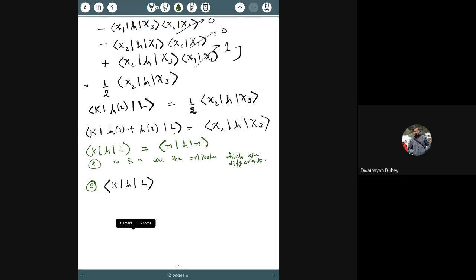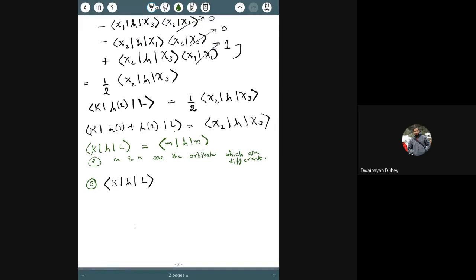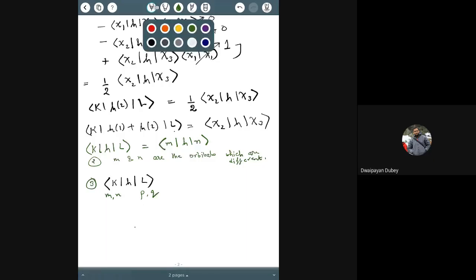So let's say in K, I have M and N, and in L, I have P and Q. Okay. So can you guess what will happen if both are different for the 2 electron case?